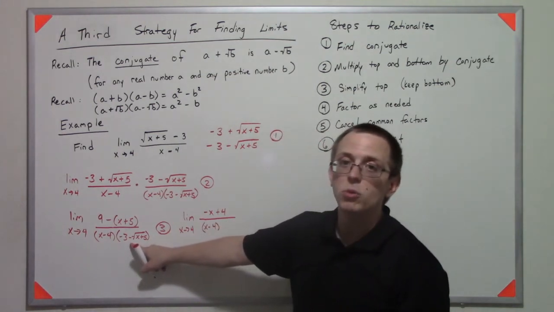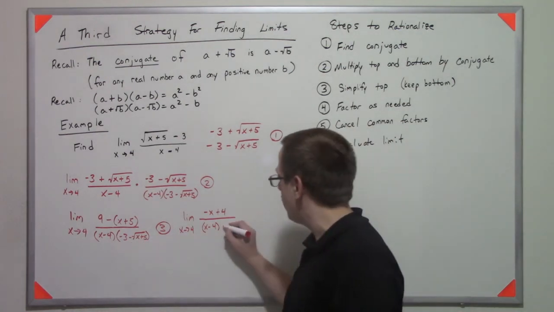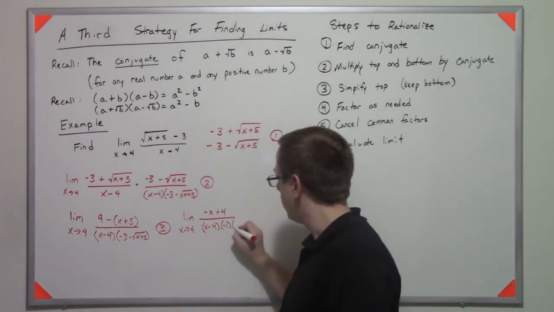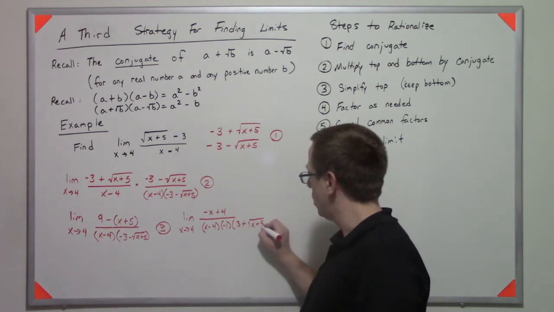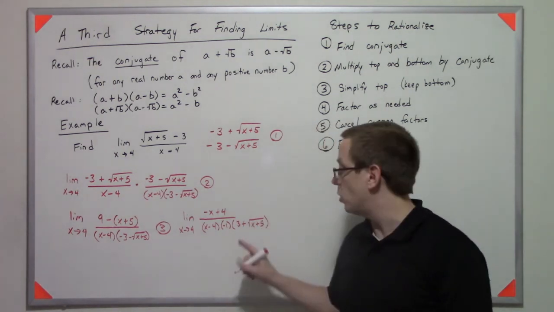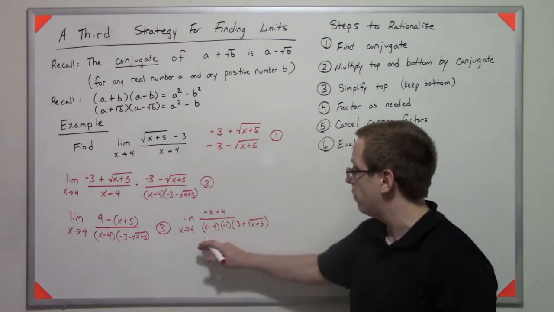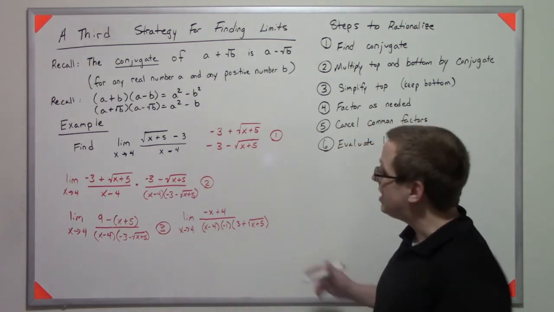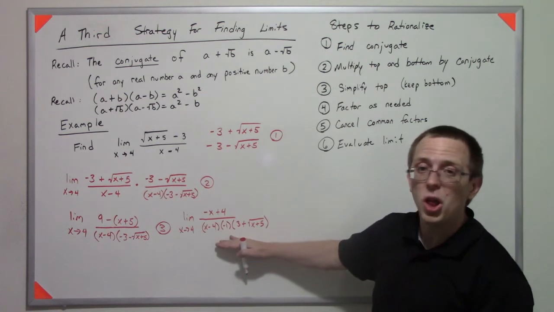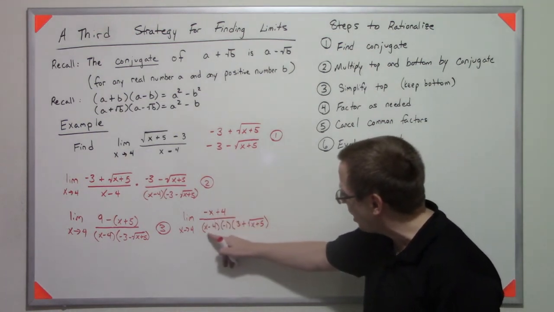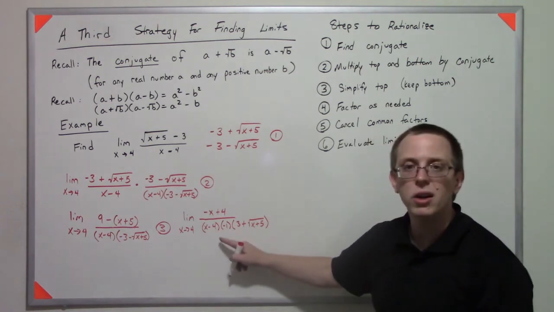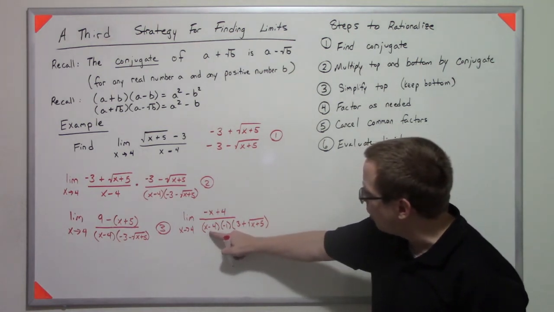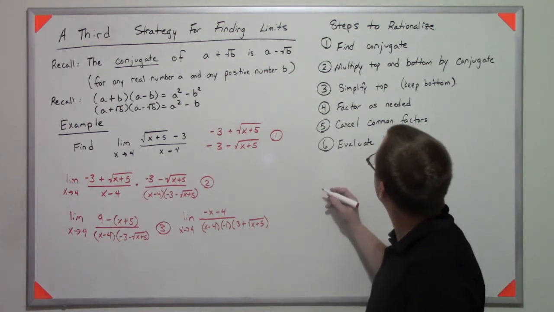For my own sanity, I'm going to pull a negative 1 out of here. So you have 3 plus the square root of x plus 5. Okay, so we're close. I got a negative x plus 4, and I got an x minus 4, and a negative 1 here. So what if I put the negative 1 into here?